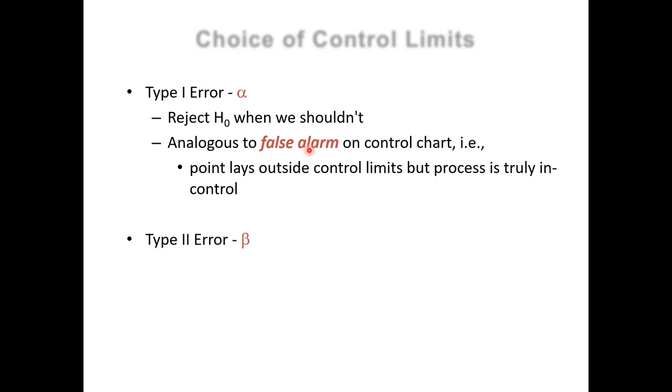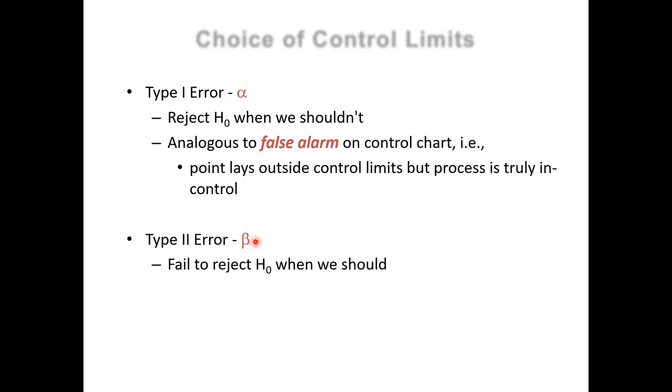This is the situation whereby on the control chart, the point lies outside the control limit, but the process is actually in control. So this is a situation of false alarm.